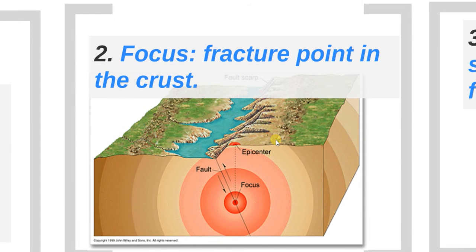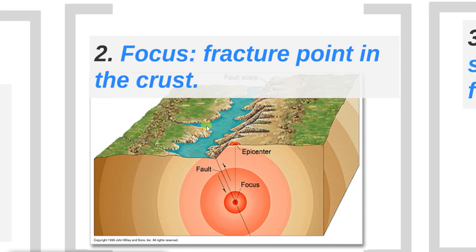All right, so a focus, we're going to draw this in our notes, but the focus, write this down first, is the fracture point in the crust. Now, don't draw this just yet. We'll draw it in a minute. But right here, this is an example of what we call a block diagram.